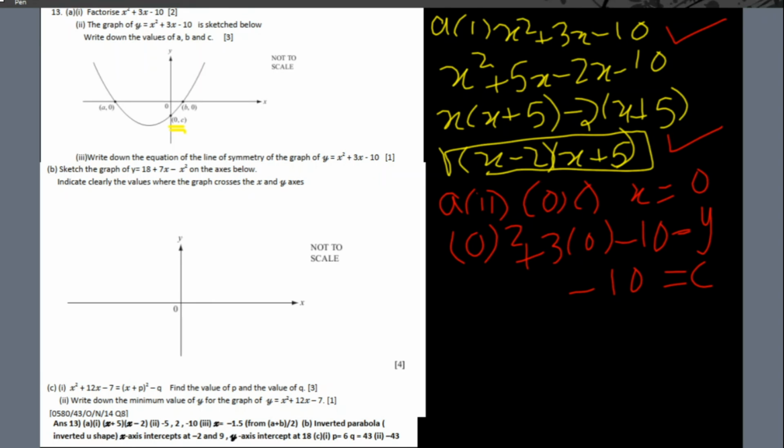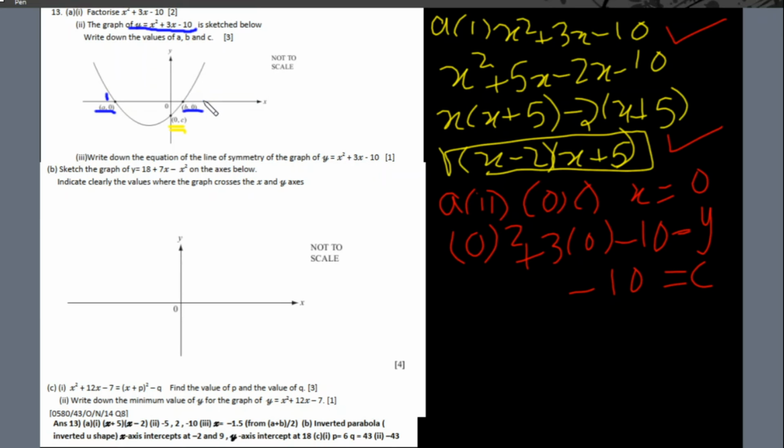Next we need the values of a and b. For that, to find a and b in this equation, we have to substitute y equals 0, because here y is 0 and here as well y is 0.